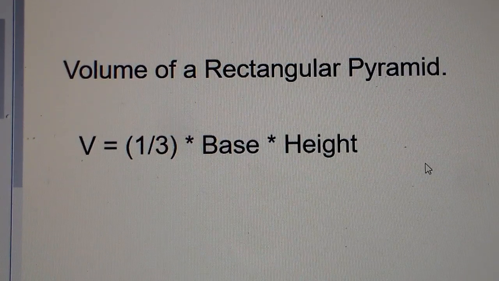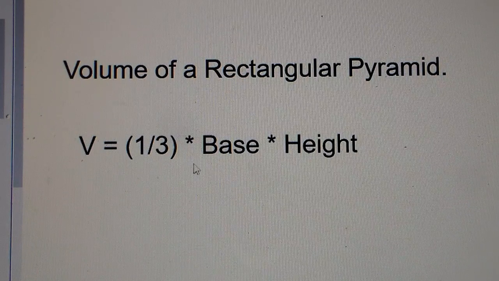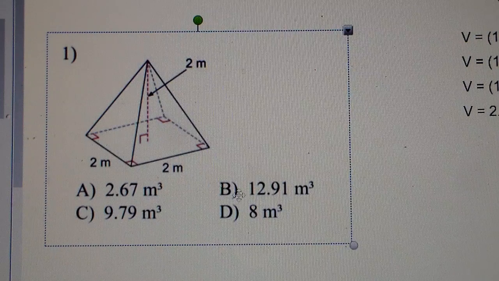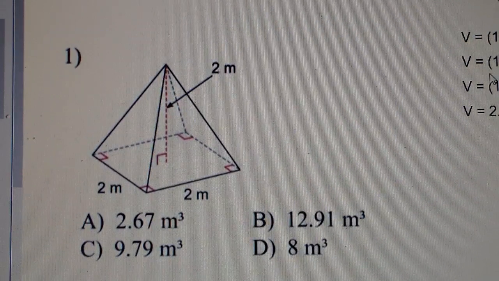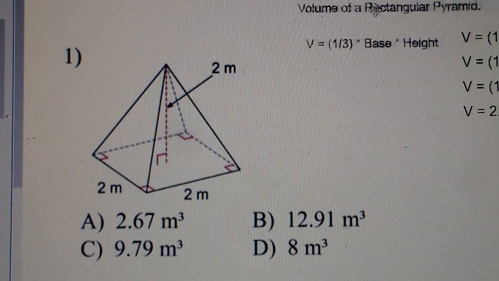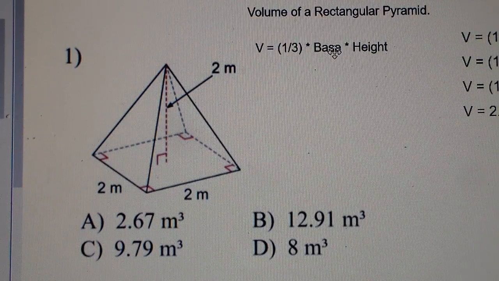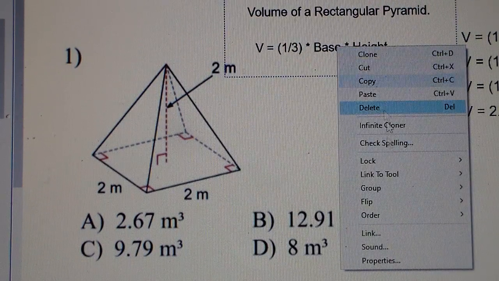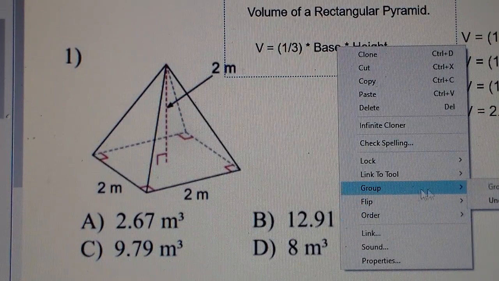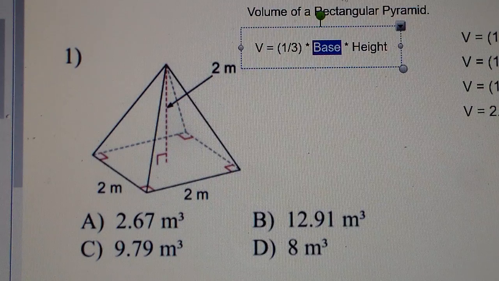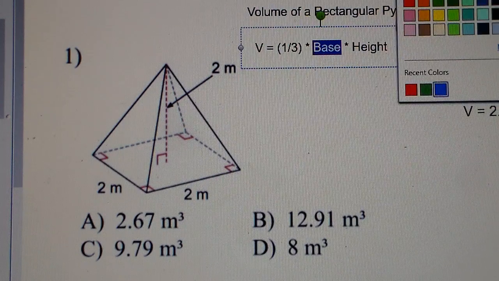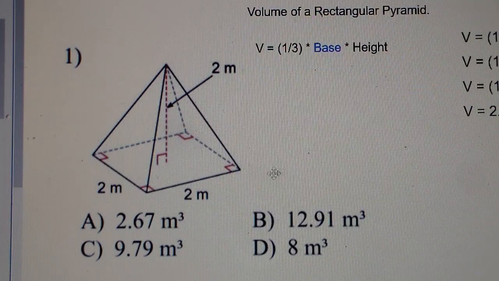So the volume of a rectangular pyramid is equal to 1/3 times base times height. Pyramids are a little bit tougher because of the word base. What exactly is the base? Well, the base is the bottom piece of your pyramid here.